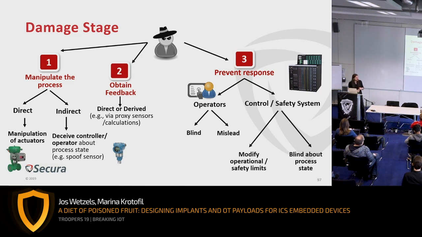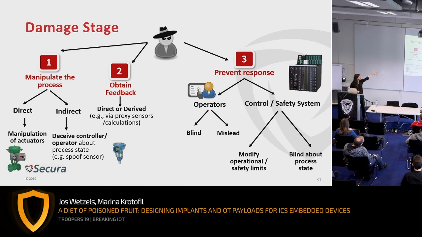So essentially, when you are engineering these damage states, I get handed down some engineering requirements from Marina, and then I have to implement this attack, which consists of three main prongs. The first of that is manipulating the process, which can be done directly by manipulating actuators or deceiving a controller or operator about a process state.